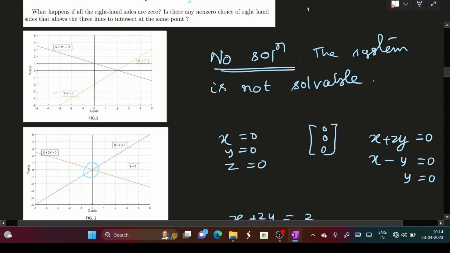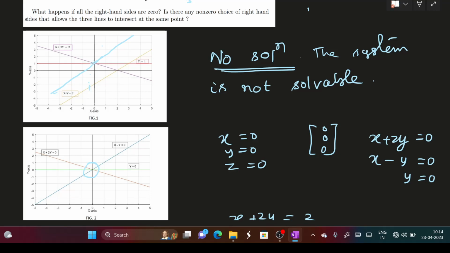Instead of here, if I make it pass through the point of intersection of the other two lines, there is a two-line intersection here. If I make a straight line parallel to L2 and make it pass through this point, then I will also have a solution.